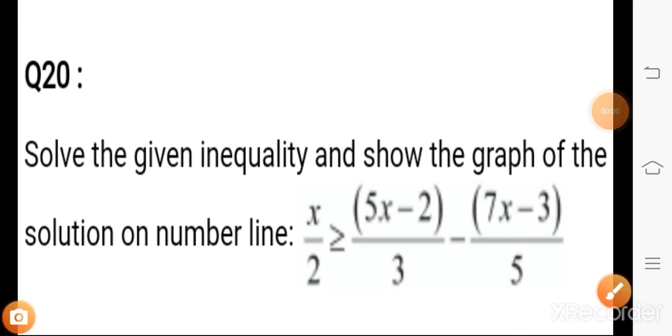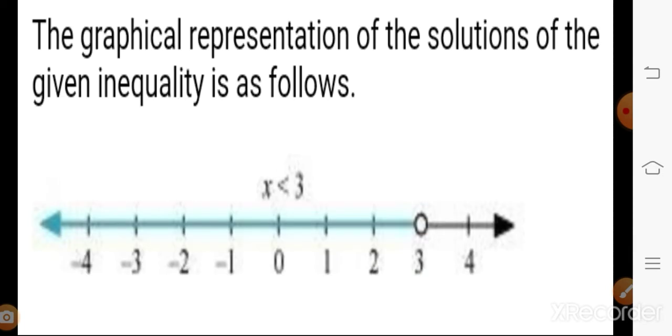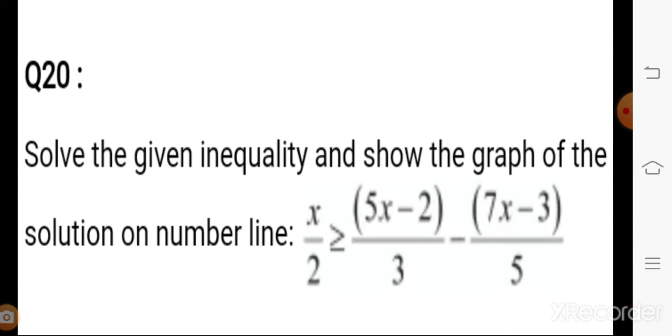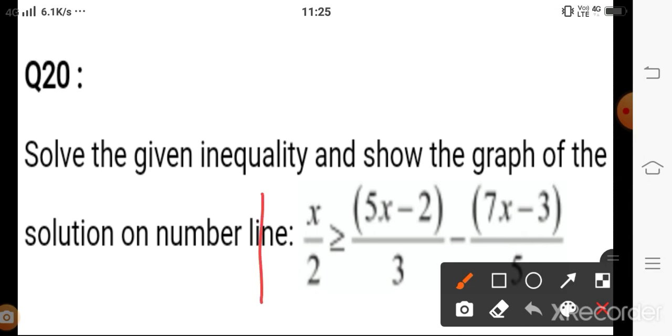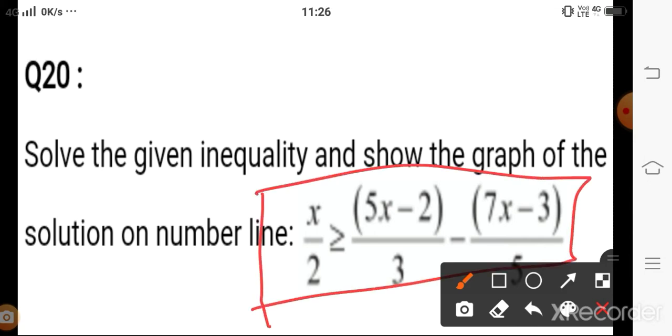Let's solve one more question, question number 20, in which we have to solve the given inequality and draw its graph. The inequality is x upon 2 greater than equal to (5x minus 2) upon 3 minus (7x minus 3) upon 5.